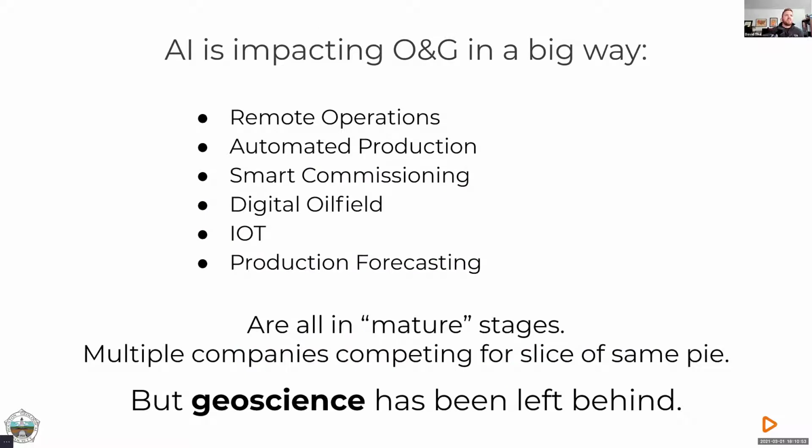So, AI is really impacting oil and gas in a huge way. Everything from how we monitor equipment out at the well site to how we predict well forecasts to how we commission fields and automate all kinds of remote operations. Underpinning it all is machine learning, and really it's time series based machine learning.